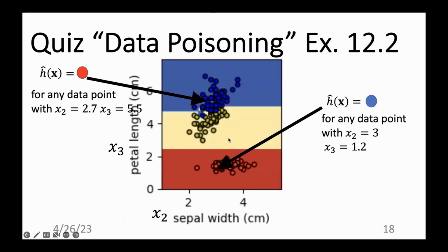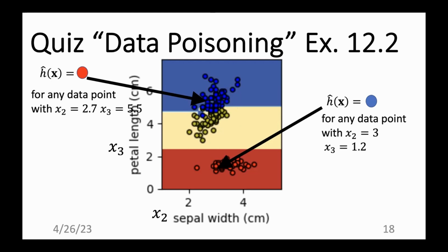Okay, now the last part of today's lecture is to introduce the quiz, which is to solve exercise 12.2 in the lecture notes. You find this exercise 12.2 in the lecture notes on my GitHub. The task is as follows. You look at the iris data set that I have also mentioned in the beginning in the code demo.